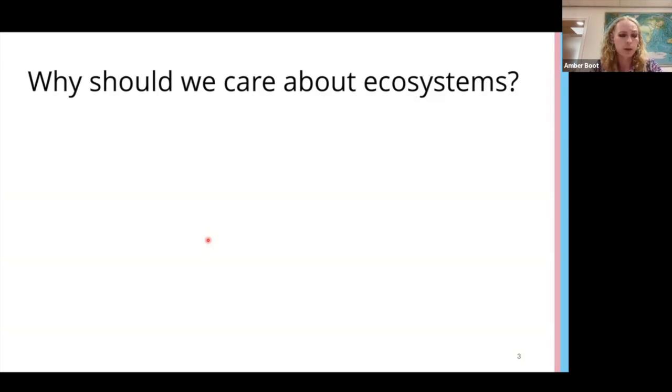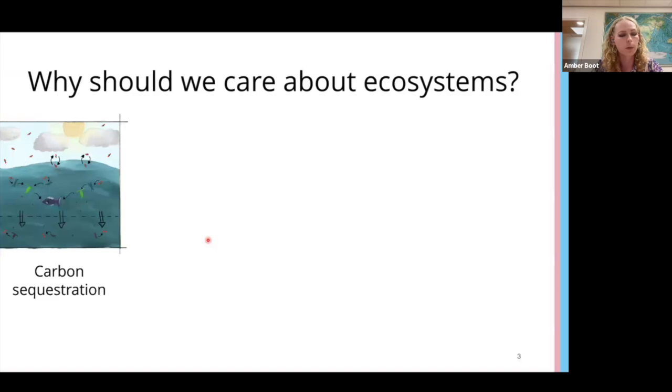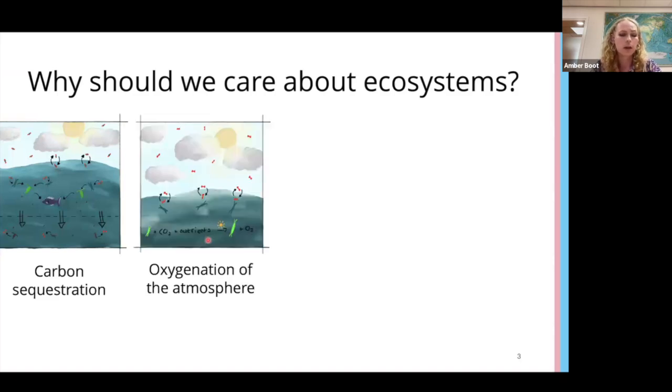So for example, they sequester carbon. Without marine ecosystems, atmospheric CO2 concentrations could be 200 to 400 ppm higher than they are now. They oxygenate the atmosphere. On human timescales, around 50% of the oxygen in the atmosphere comes from marine photosynthesis.